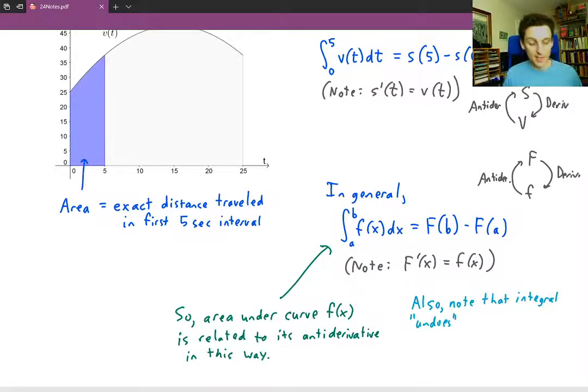You're going to be able to see that the integral is undoing the derivative. So let's write it using big F prime of x.